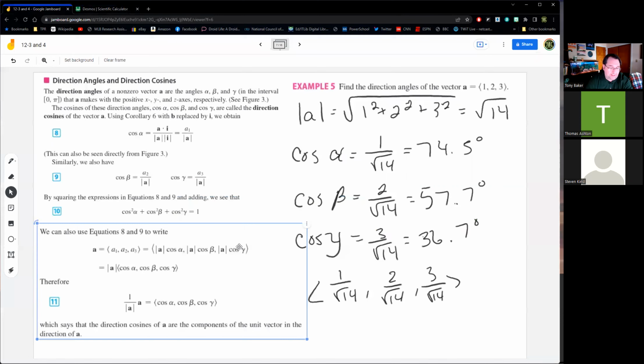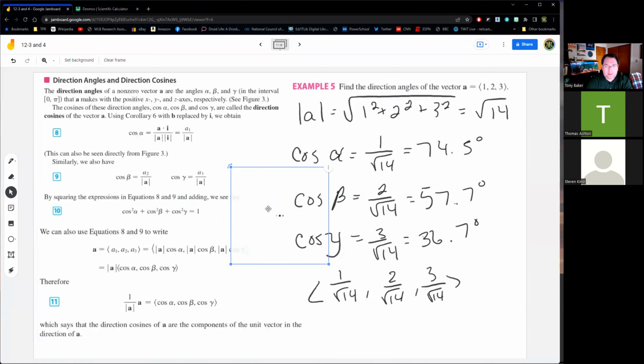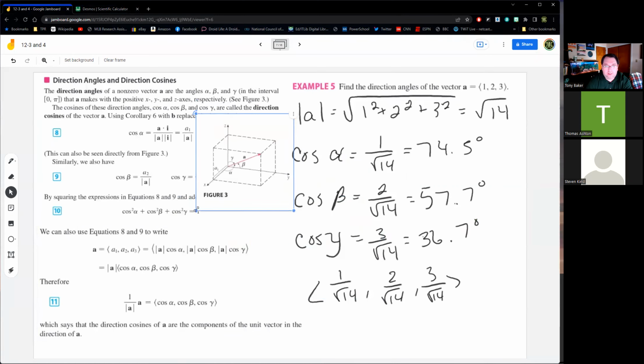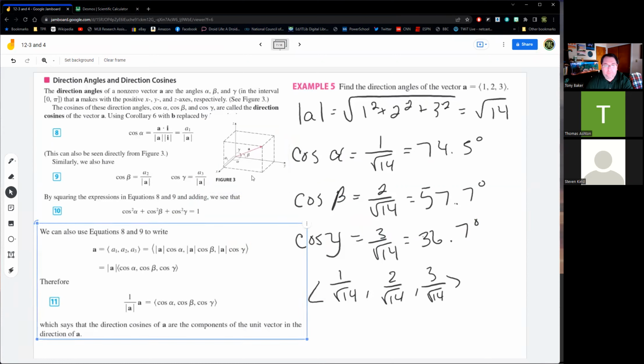So if we look at this, in essence, what this is finding is these different angles: the angle from the x-axis, the angle from the y-axis, and the angle from the z-axis.